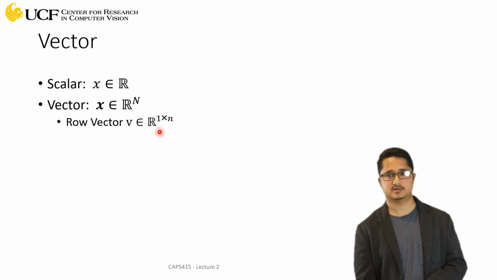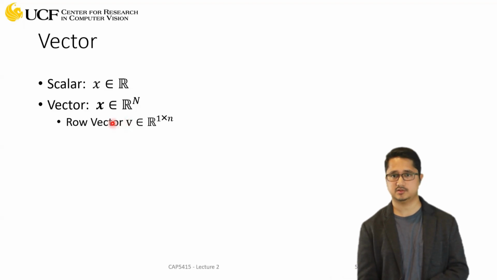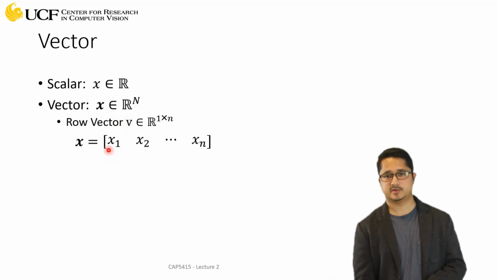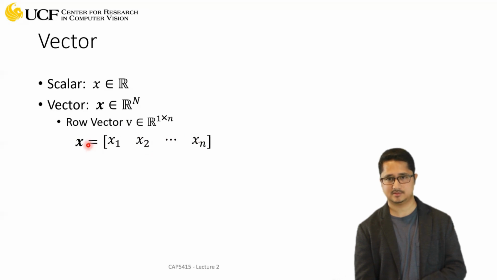So the space you can see here is 1 cross n, which means you will have n different real numbers that form a vector. Basically it's just a sequence of numbers, which you can represent something like this. In this case, the bold is a vector, and the non-bold version, which has a subscript, is a scalar. It's just one number. So you have all these n numbers, which form this vector.